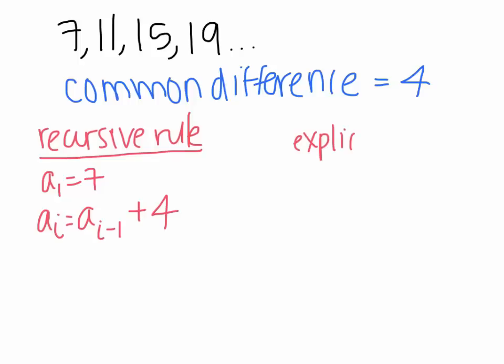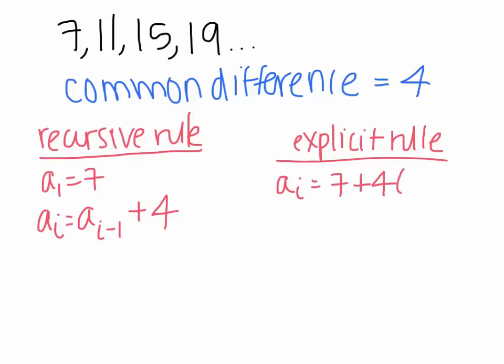The explicit rule is going to say any term in the sequence, start at 7 and add 4, i minus 1 times. Make sure to watch Arithmetic Sequences 2 before you start your practice.